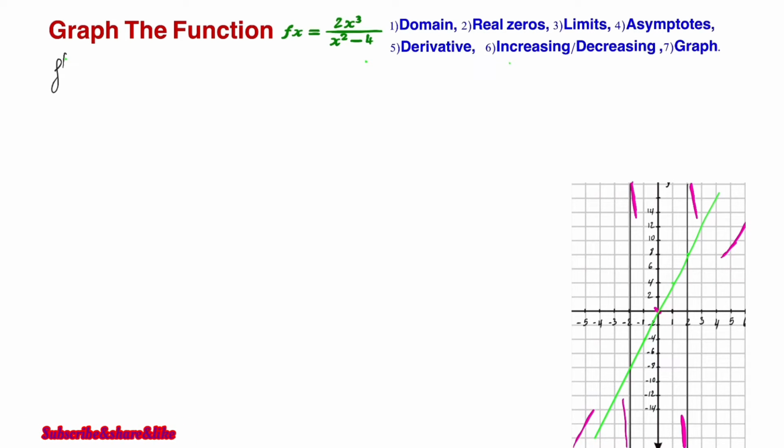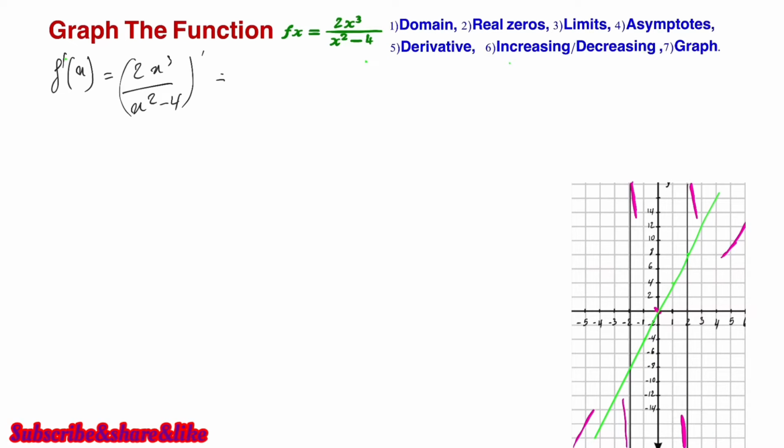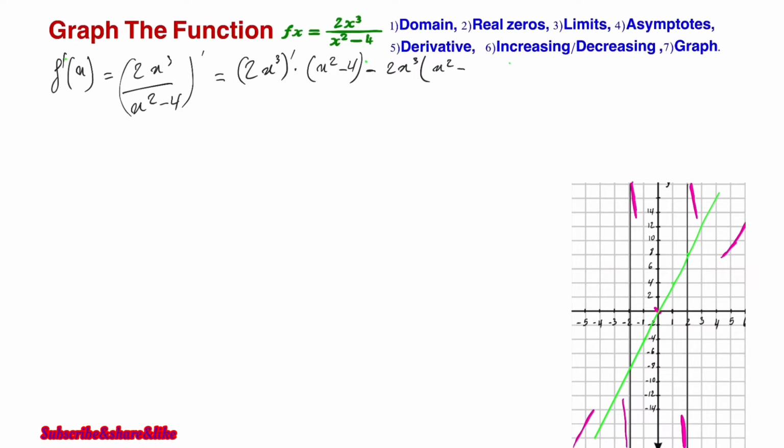F prime of x is going to be just 2x to the third over x squared minus 4 prime, and that is just 2x to the third prime times x squared minus 4 minus 2x to the third times x squared minus 4 prime, over x squared minus 4 squared.